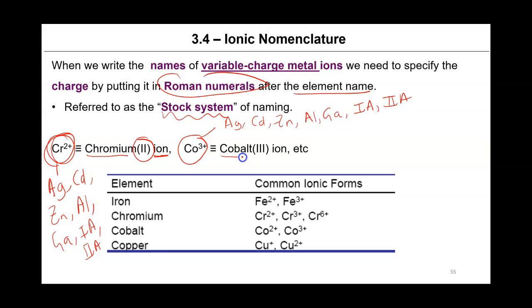So we're going to write the name of the metal unaltered, and then we put the charge in parentheses using Roman numerals, it's 3 this time, and then finish it off with the word ion. And that's it. And so now it's very clear whether we're talking about cobalt 3+ or cobalt 2+, chromium 2+, or chromium 6+. There's no ambiguity.